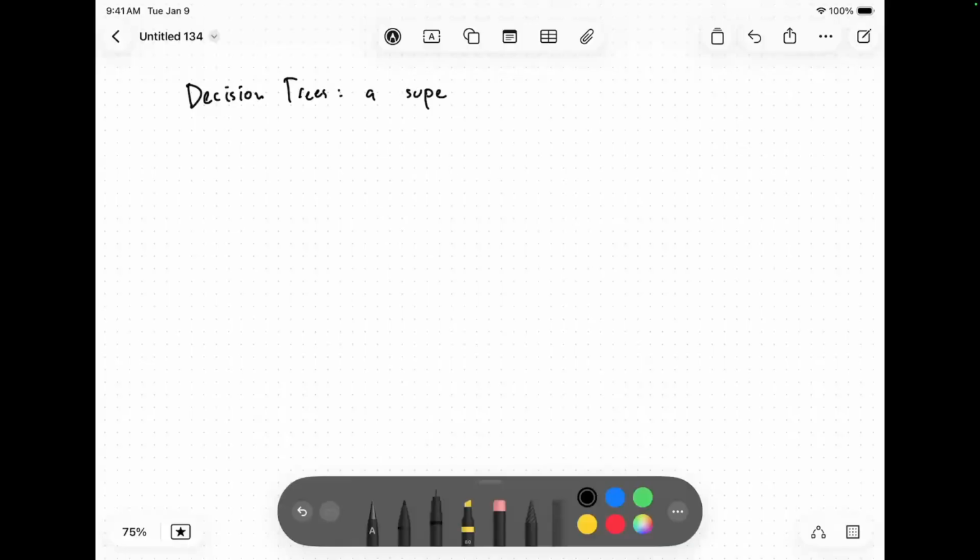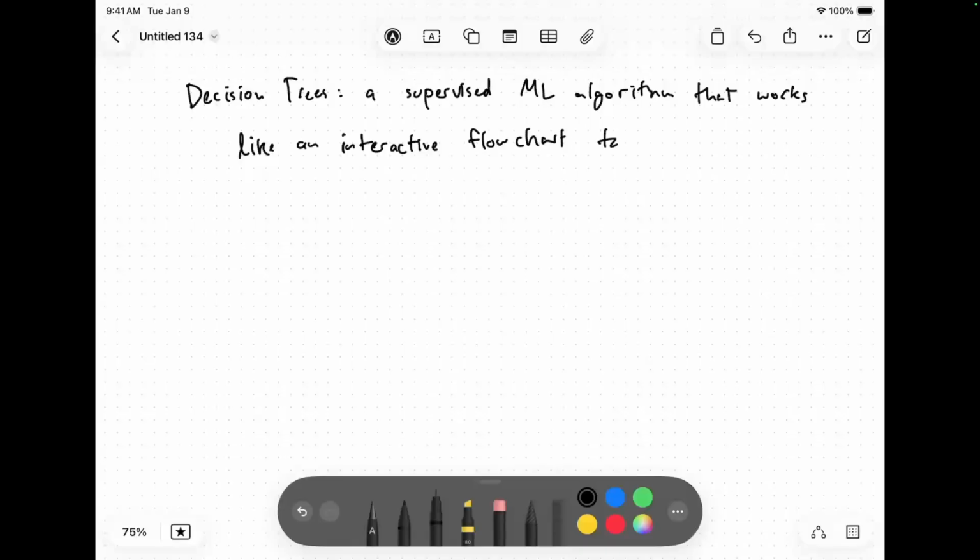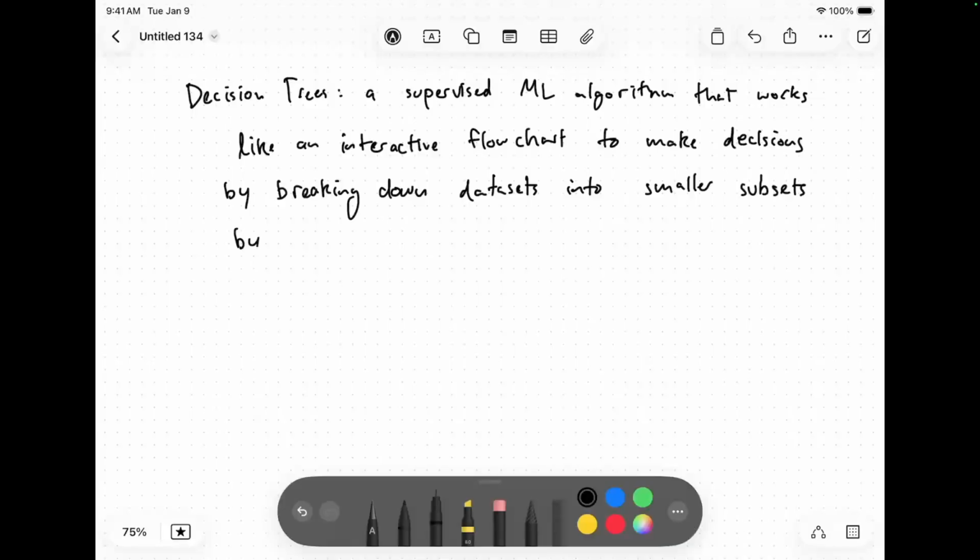This is a supervised machine learning algorithm that works like an interactive flowchart to make decisions by breaking down data sets into smaller subsets by asking hierarchical if-then-else questions.